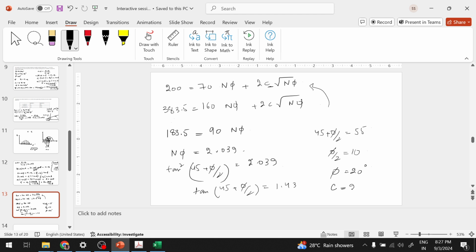C also comes out to be 20 kilonewton per meter square. So these are the values that we got from analytical results.